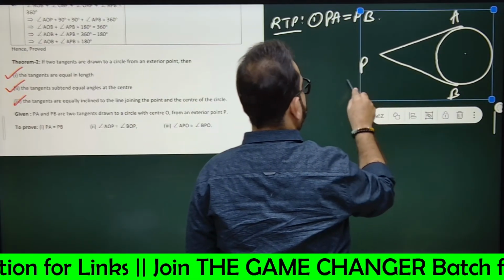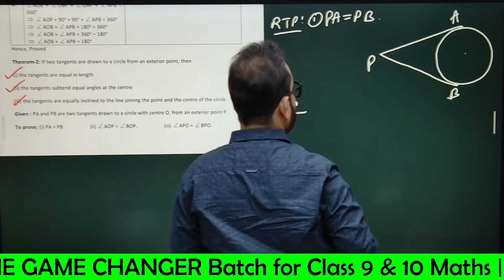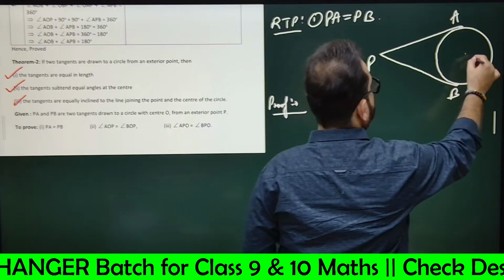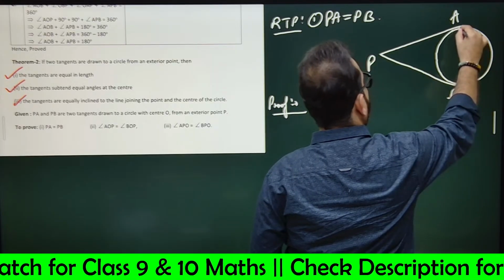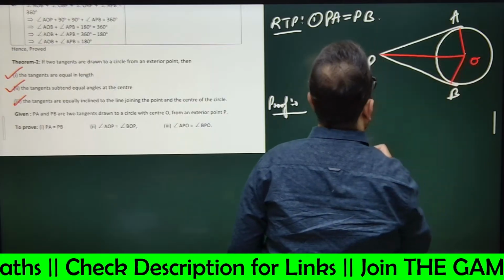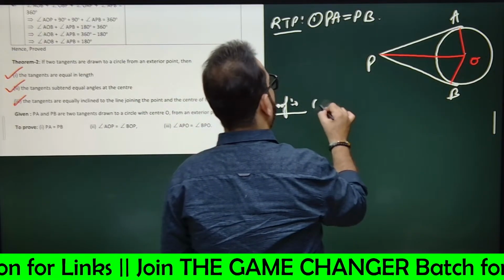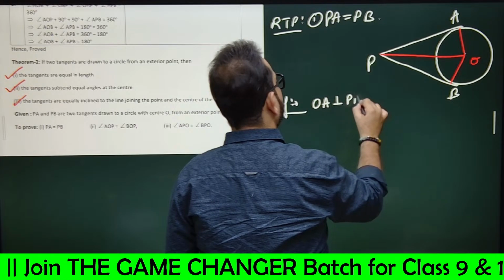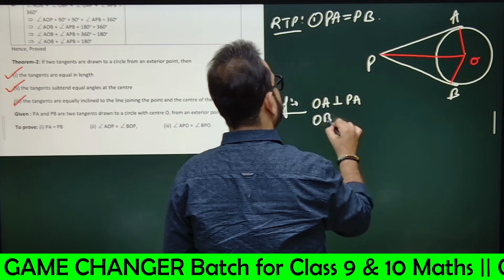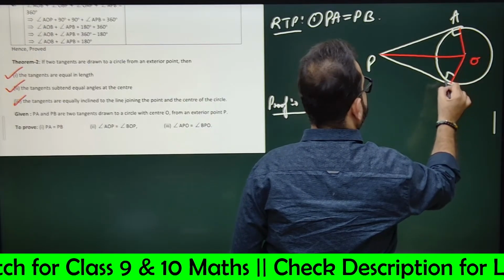Construction: this is center O; join OA, OB and OP. We know that OA is perpendicular to PA and OB is perpendicular to PB. Yes or no? These angles are 90 degrees.